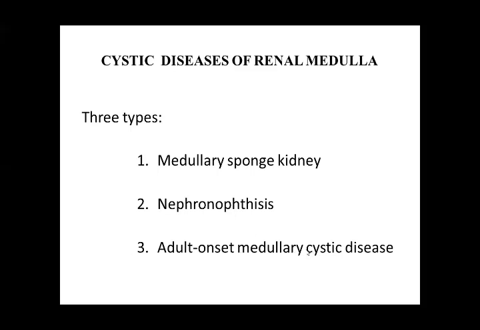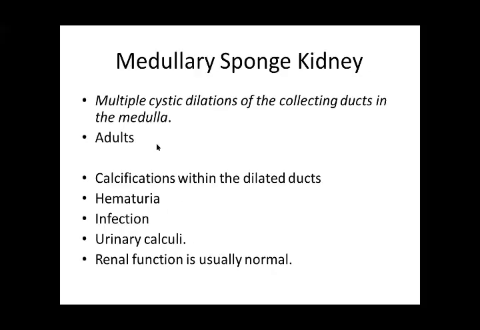Adult onset medullary cystic kidney and medullary sponge kidney have similarities. They're almost similar. In this kind of medullary sponge kidney or nephronophthisis, we have abnormalities in the cilia, and there is fibrosis in the interstitium.